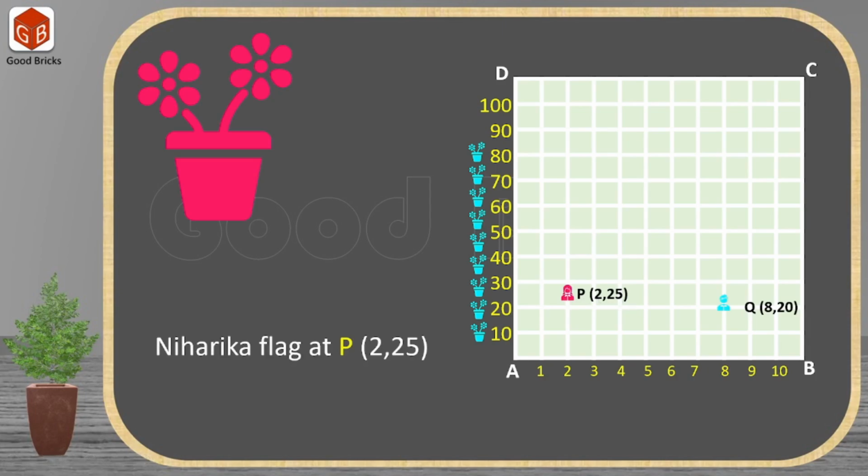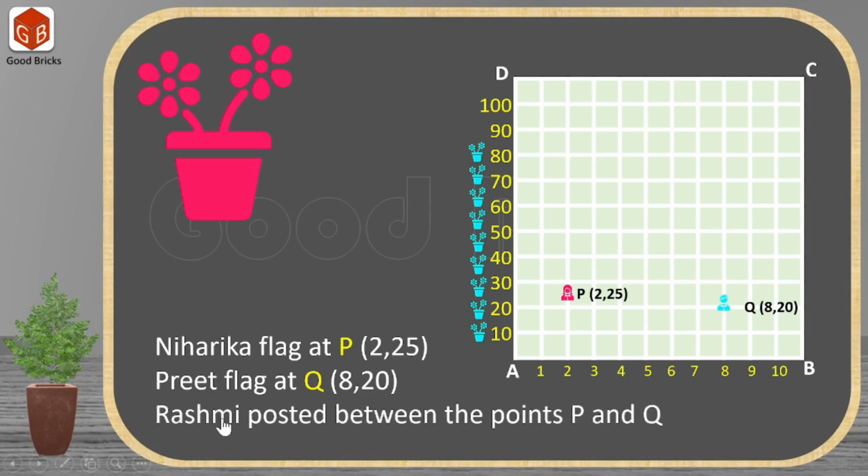Now they also have given that Preet, another student, kept a flag at 1 by 5th of this 100 meters, which is nothing but 20 meters in the 8th row. So we can write Preet's flag is at 8 comma 20. So these are the coordinates. And they have also given that there is one more student, Rashmi, who posted a flag between these 2 points. So this is the given information in the question.